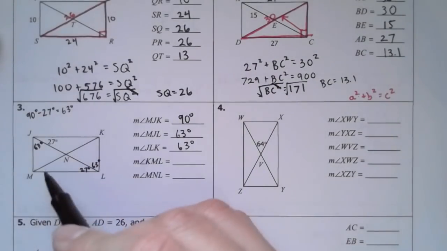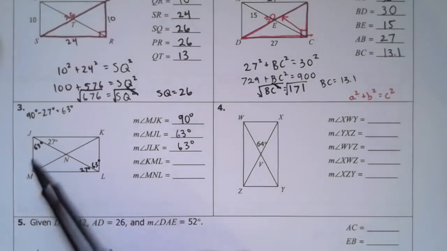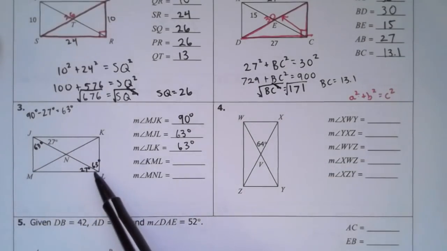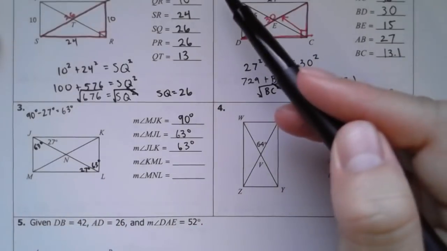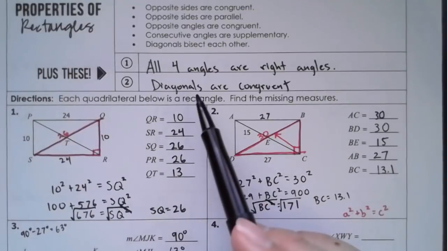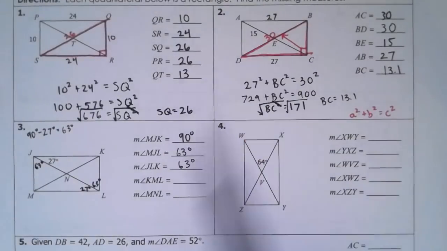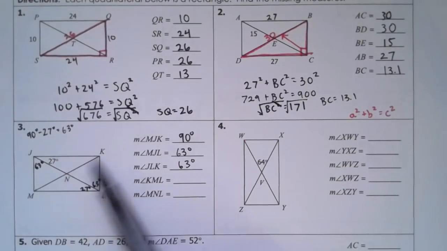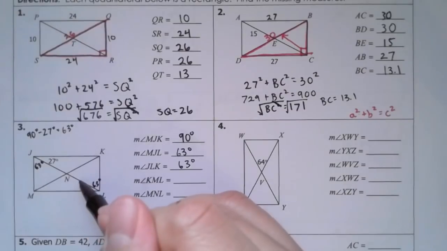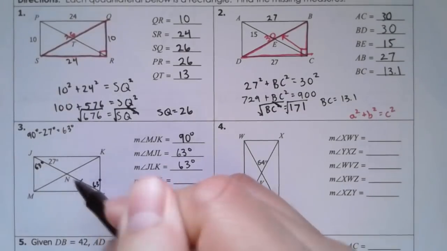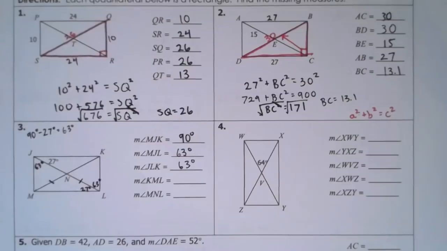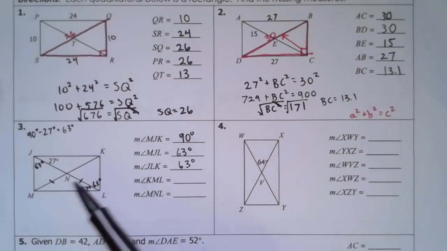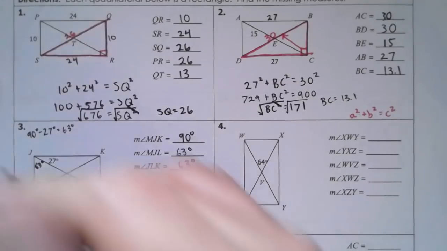If you look at this as properties of isosceles triangles, and I'm looking at triangle MNL, we already know that the diagonals are congruent. So each half of each diagonal also is the same. This side corresponds to that side. Those two are equal. So if this side relates to 27 degrees, this side also relates to 27 degrees.